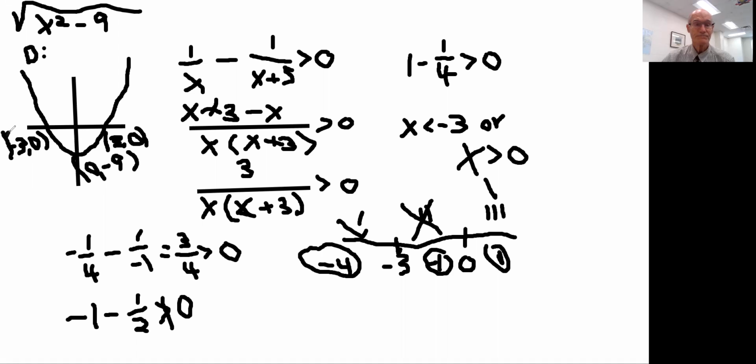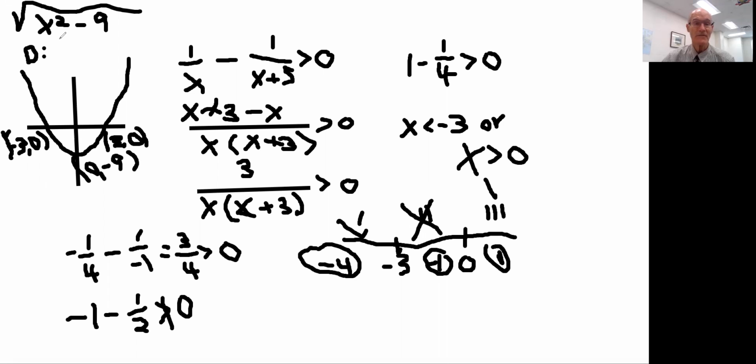So this parabola underneath the square root sign is positive to the left of -3, and it's positive to the right of 3. In between, from -3 to 3, it's not positive.